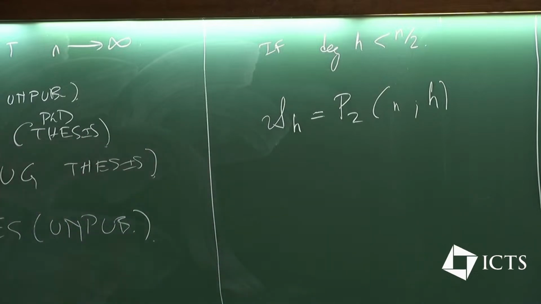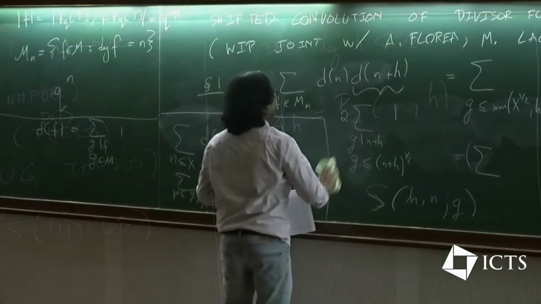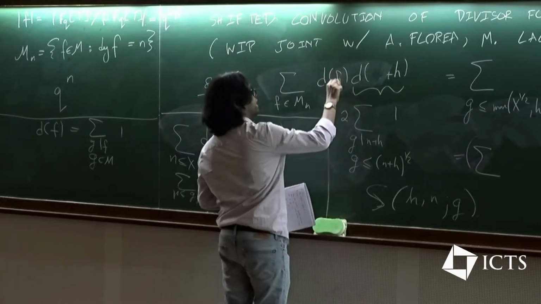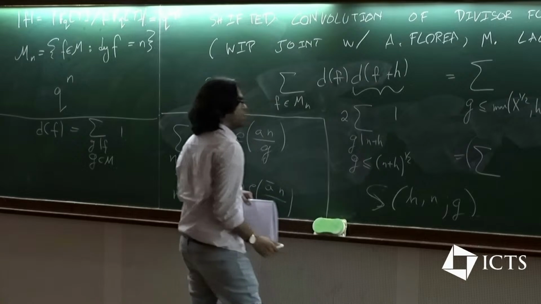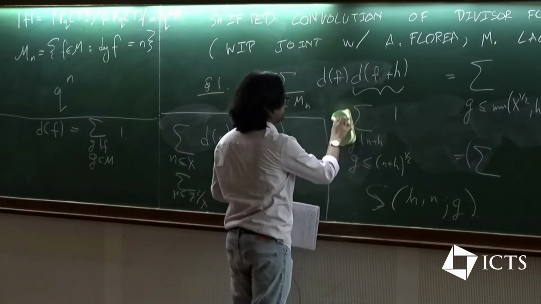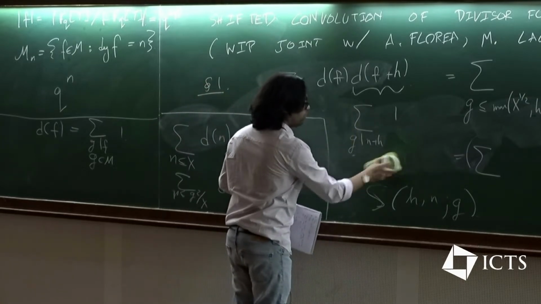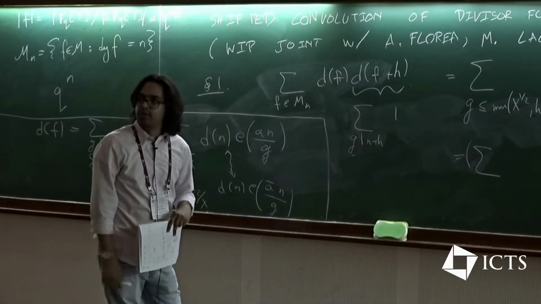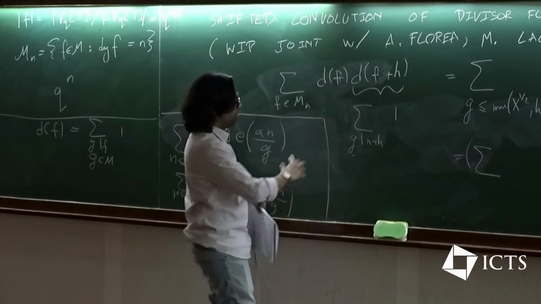This is the reason I haven't removed this integer setting problem. I'm just going to change the symbols to be the corresponding symbols in the function field setting. So now I'm looking at f of degree n, of the divisors of f plus the divisors of f plus h. Now again, you want to use the duality of divisors.